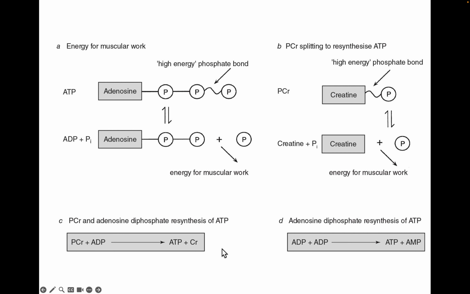Now, in extreme situations where we need a ton of energy very quickly, and we might not have enough phosphocreatine around to recreate more ATP, we can take two ADP molecules, and from one of the ADP molecules, take off one of the phosphate ions, and we can use that to create ATP and AMP, adenosine monophosphate, AMP. So 3 phosphate ions here versus 1 phosphate on this.